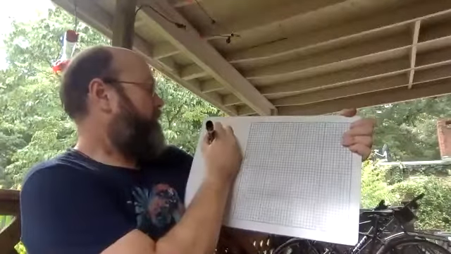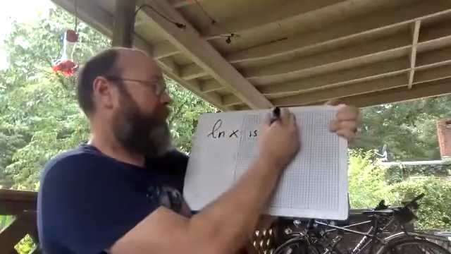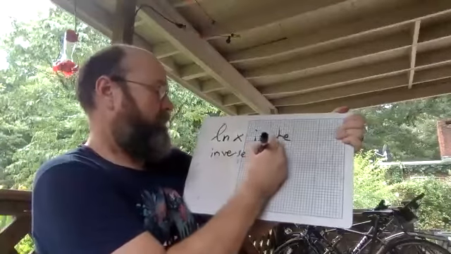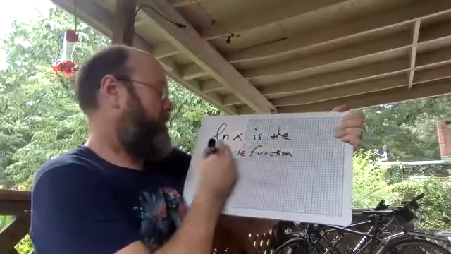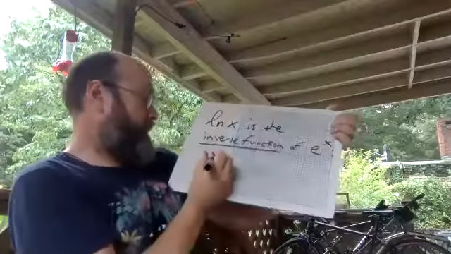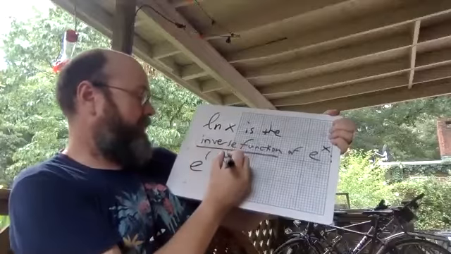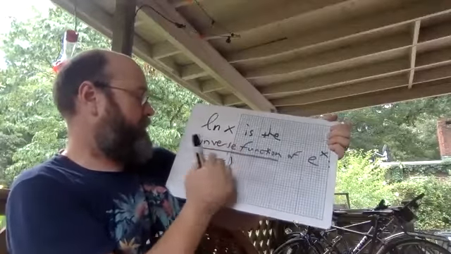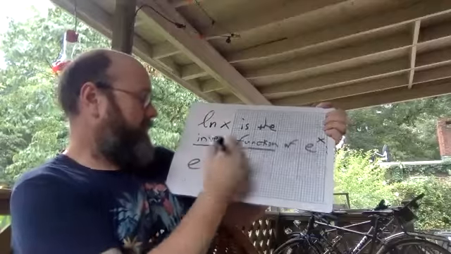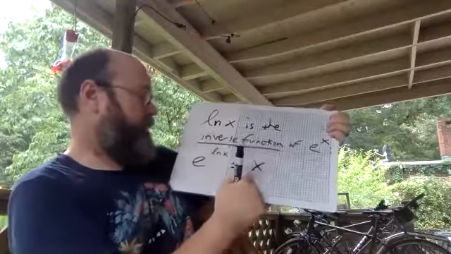First of all, natural log of x is the inverse function of e to the x. If you take e to the something and you plug in the natural log of x, they cancel, so to speak, in a function theoretic way, and just give you back x.